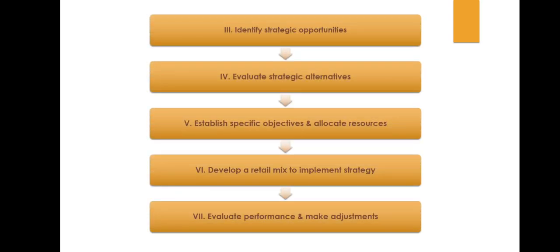Step 4 is to evaluate the strategic opportunities. The fourth step in the strategic planning process is to evaluate the opportunities that have been identified in the situation audit. The evaluation determines the retailer's potential to establish a sustainable competitive advantage and reap long term profits from the opportunities being evaluated.